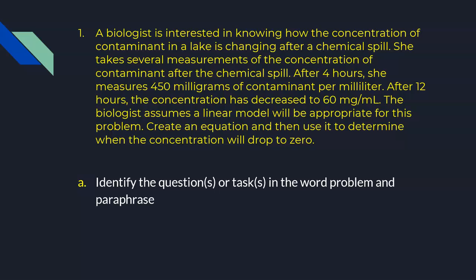After 4 hours, she measures 450 milligrams of contaminant per milliliter. After 12 hours, the concentration has decreased to 60 milligrams per milliliter. The biologist assumes a linear model will be appropriate for this problem. Create an equation and then use it to determine when the concentration will drop to 0.